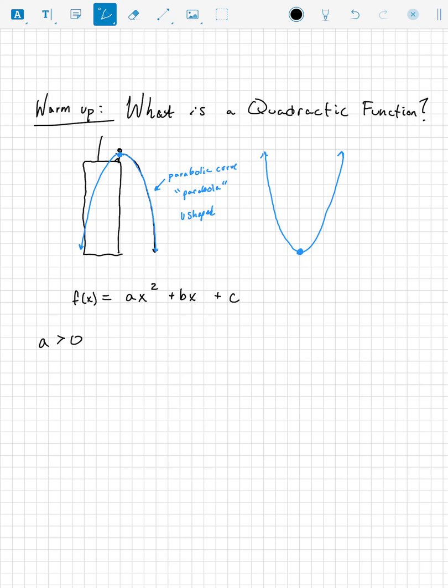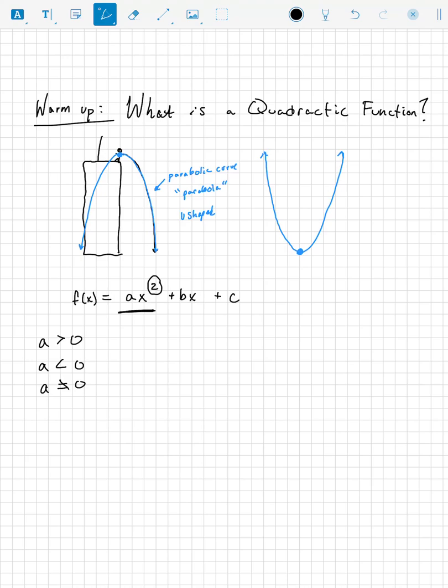It could also be less than 0, meaning positive numbers or negative numbers. It can never equal 0, because if it equaled 0, well, too bad. 0 times x squared would cancel out our x squared term. And the whole bearing of a quadratic is that it has an x squared term in its function.